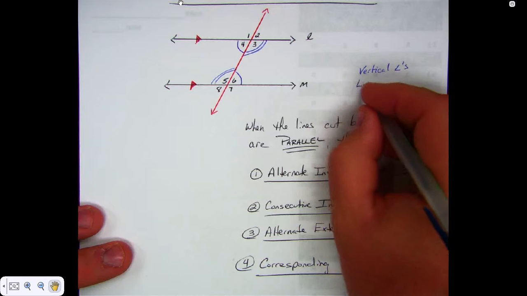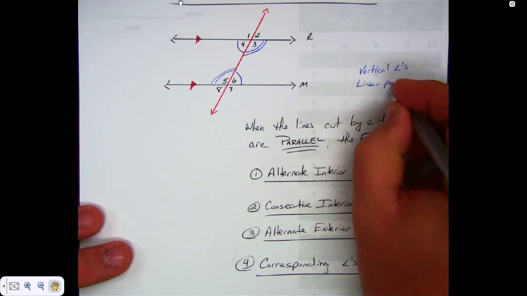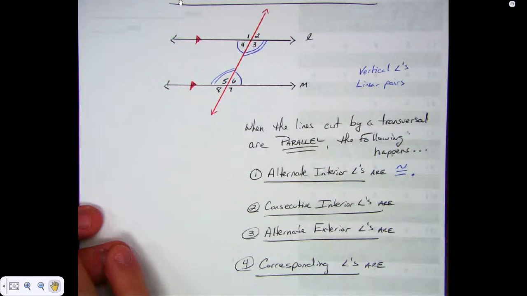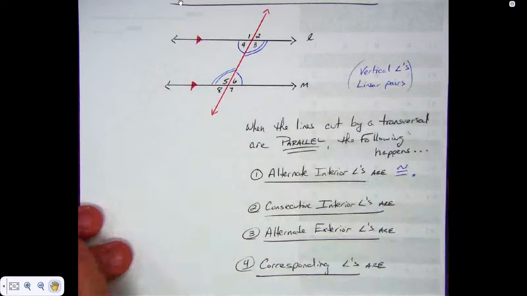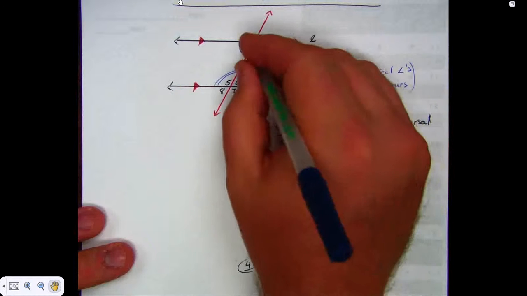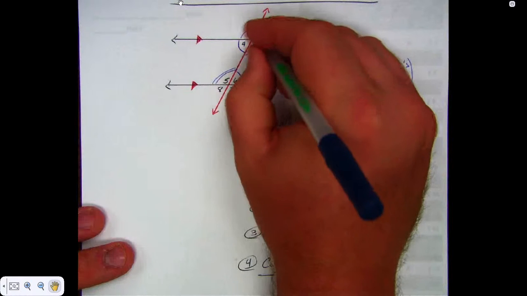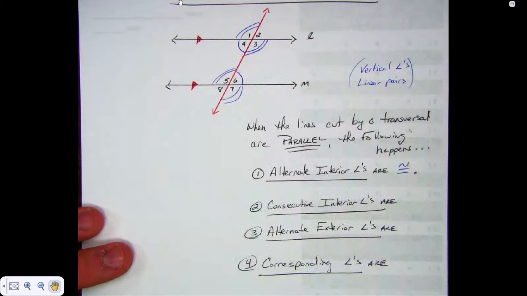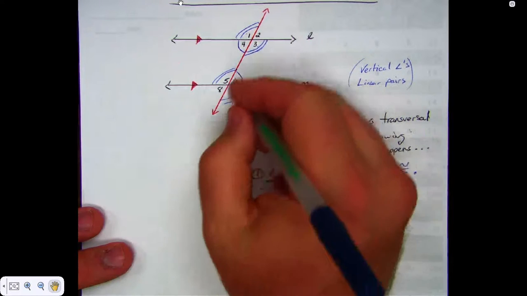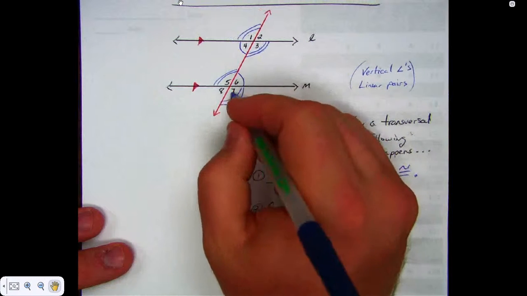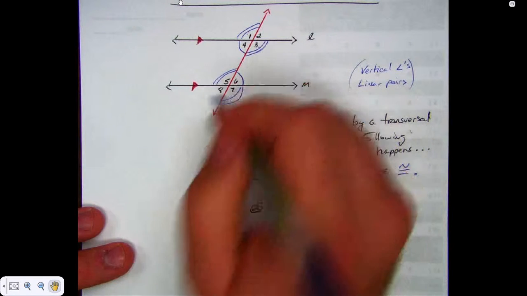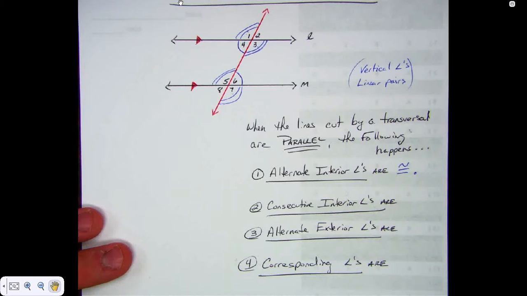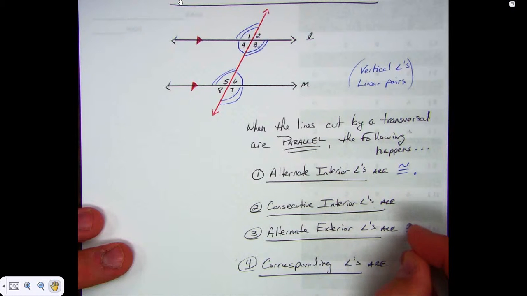And we have a lot of those here too, don't we? Isn't 3 the same as 1? So if 1 and 3 are the same, look at that, I can use 2 marks, can't I? Because 5 is congruent to 7, 3 is congruent to 1, and 1 is congruent to 7, right? Any others? So alternate exterior angles are congruent.